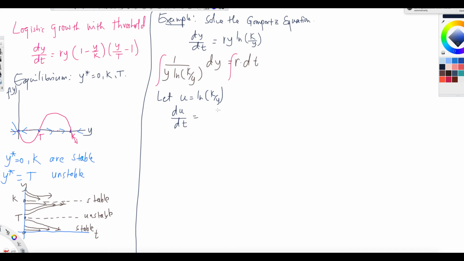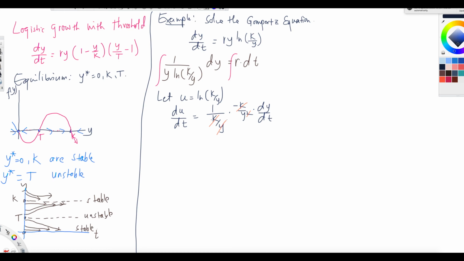It will be 1 over k over y, times negative k over y squared, times dy over dt, because we are finding the derivative with respect to t. So what do you get? You can cancel y with one of the y squared, and k with k. Basically what you get is there is one y left, right?